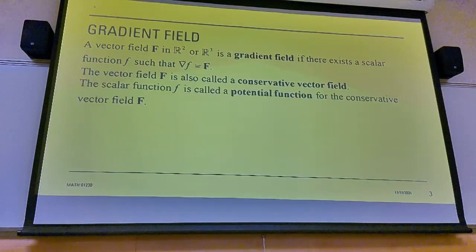That scalar function is called a potential function for the field F, or simply a potential. Any field that can be written as the gradient of a scalar is what's known as conservative.